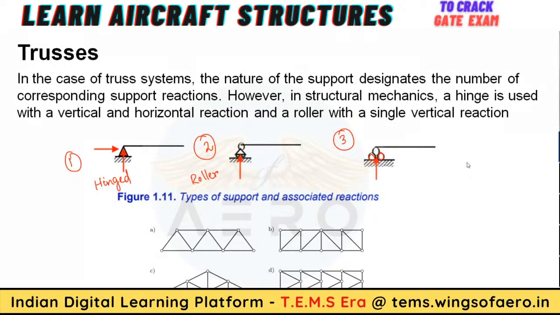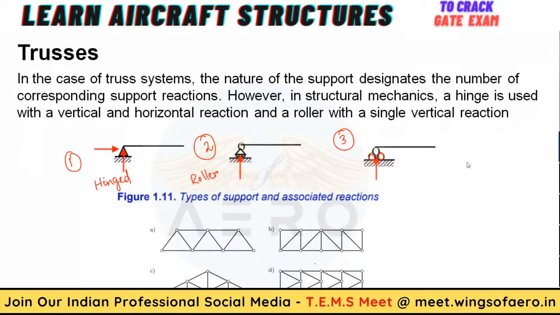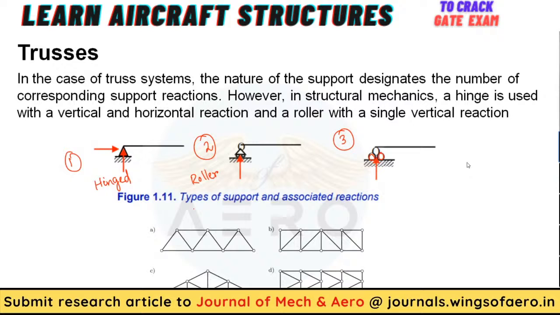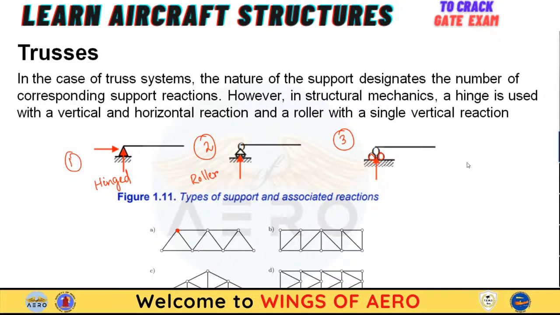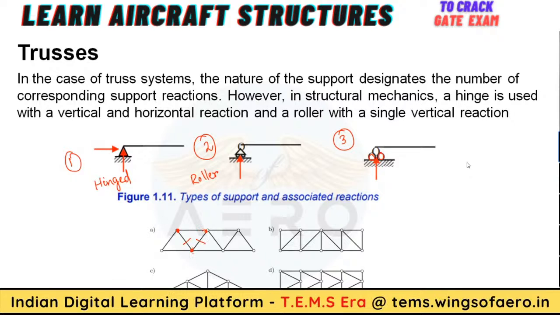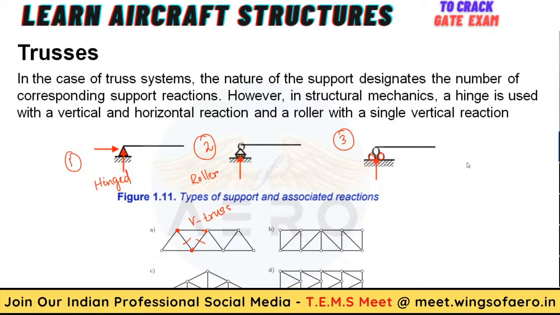I'm just briefing you on four different types of trusses. The first type is known as a V truss. It looks something like this, V shaped. These are the joints, and this is one member connected in a V shape, so that's why it is named a V truss.